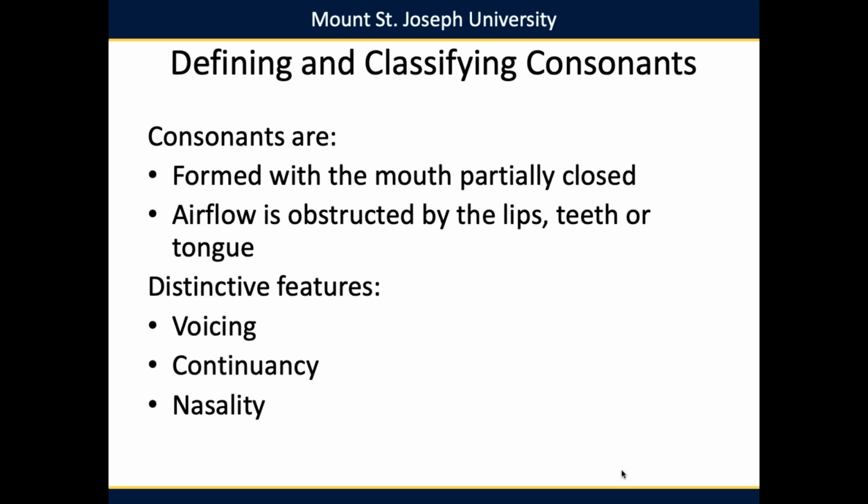There's no buzzing in the vocal cords, like the sound typically made by the letter S. If you hold your fingers over your vocal cords when you say S or F or Ch, you don't feel that buzzing. Those are the unvoiced sounds.